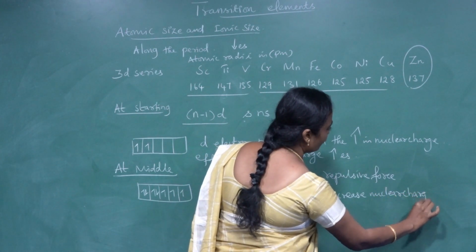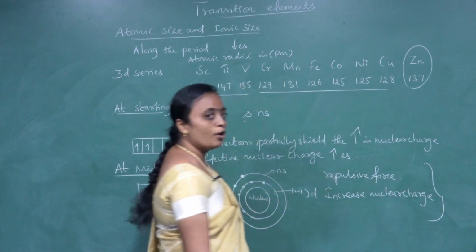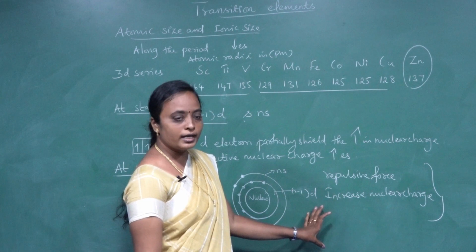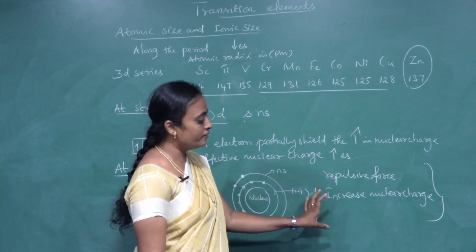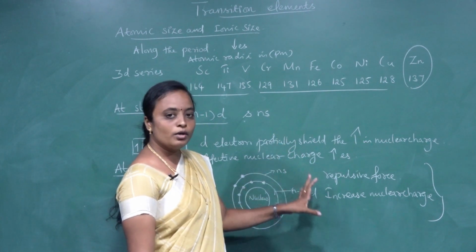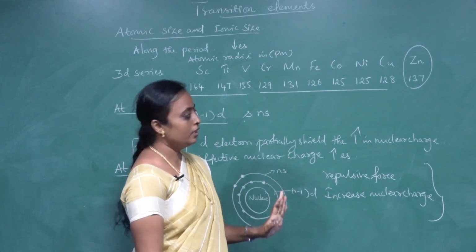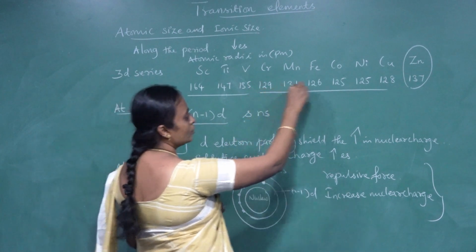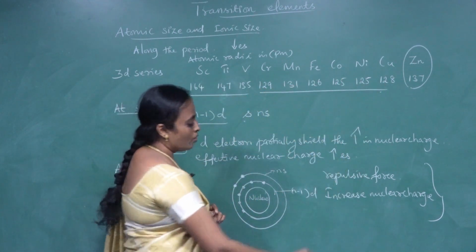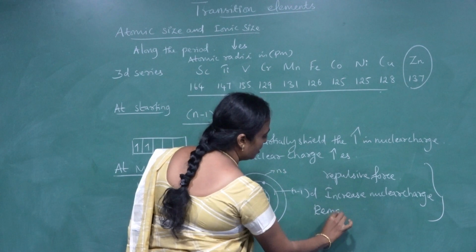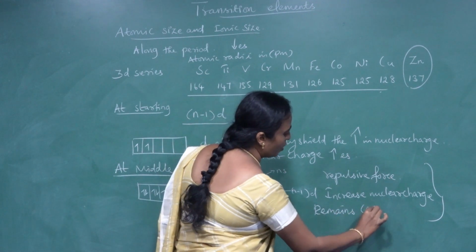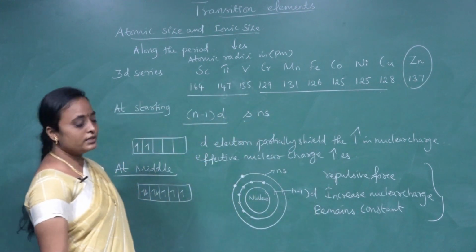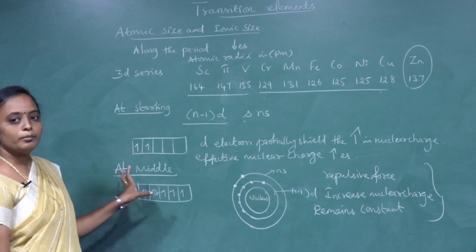These two forces are acting in the opposite direction, and because of that only, the atomic radii of the elements after vanadium, that is chromium to copper, remain constant. Little bit only increases, so far it remains constant. So this is the situation at the middle.